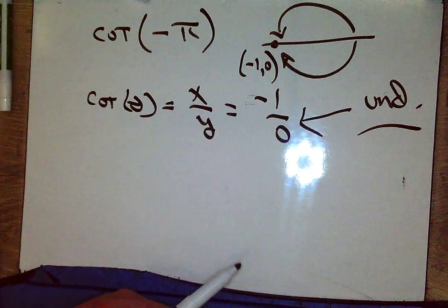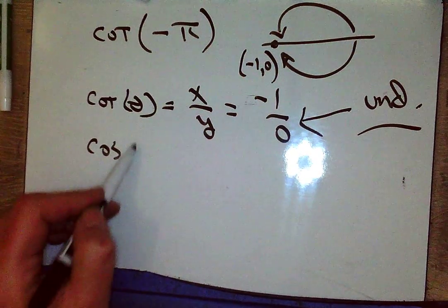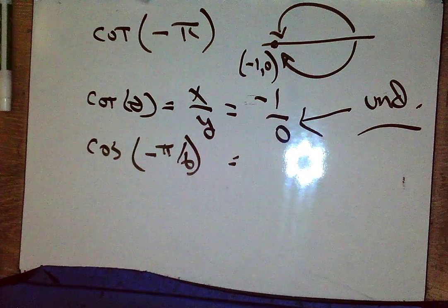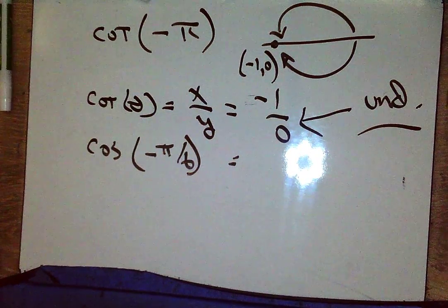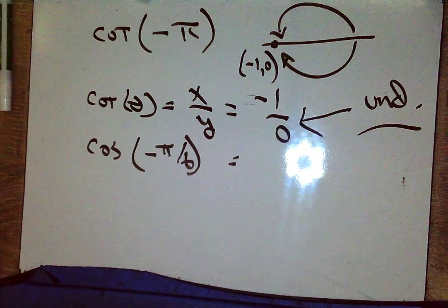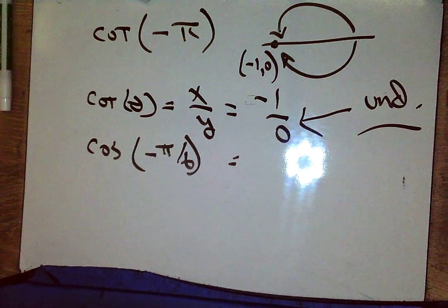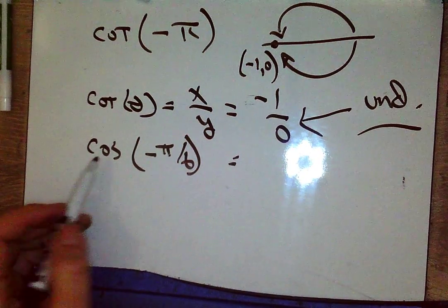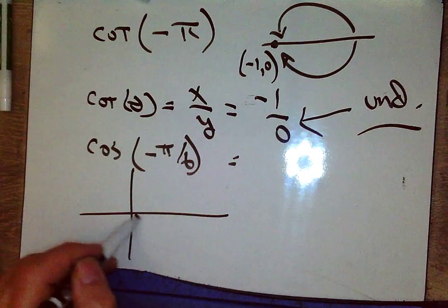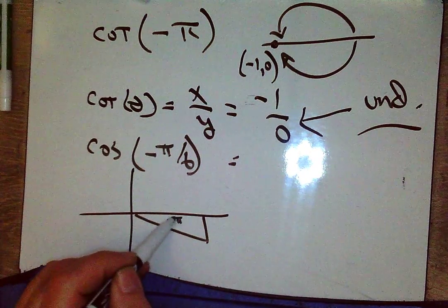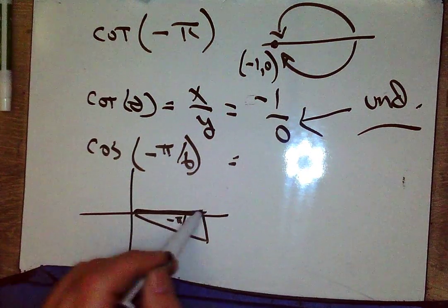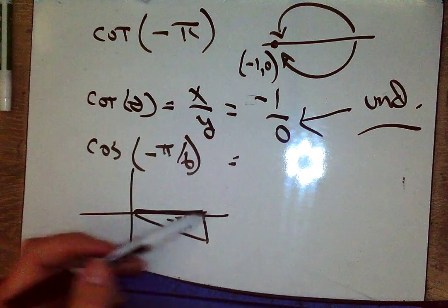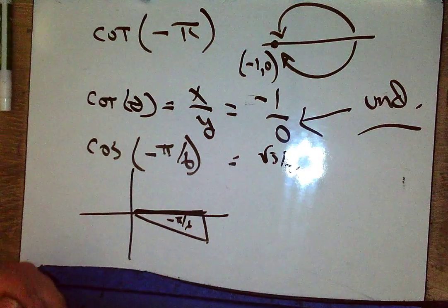Okay? How about cosine of negative pi over 6? Cosine of negative pi over 6. Okay, so here's negative pi over 6. And I don't know what cosine is. Cosine is the x value. Now, I see that the x value here is root 3 over 2.